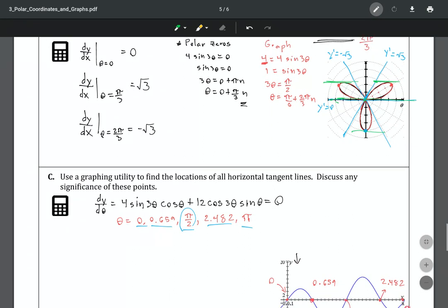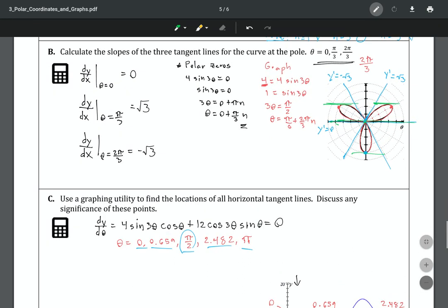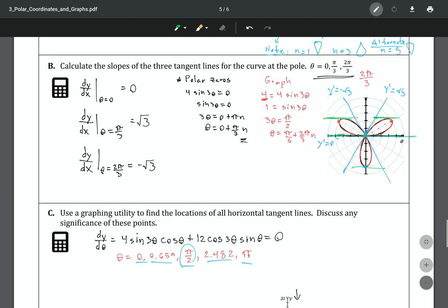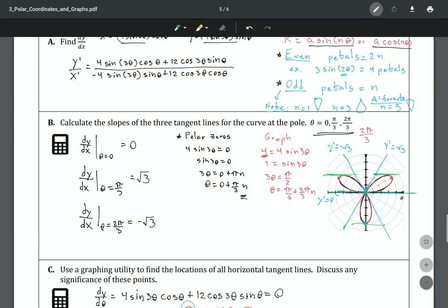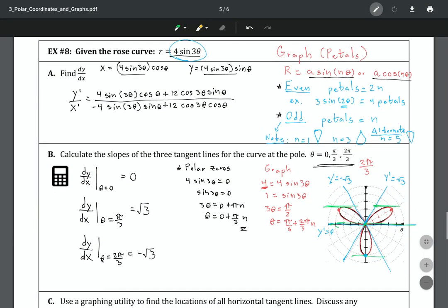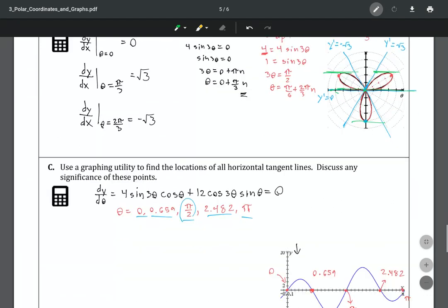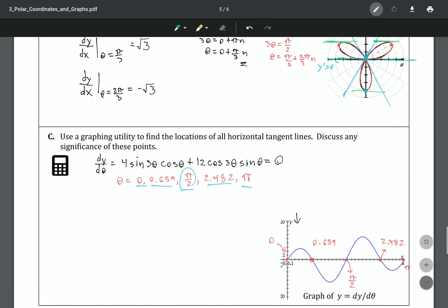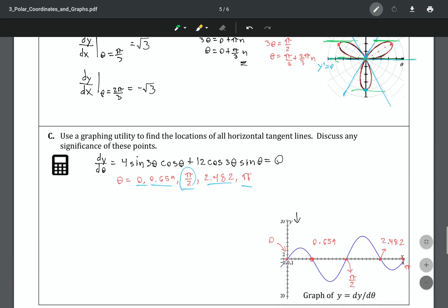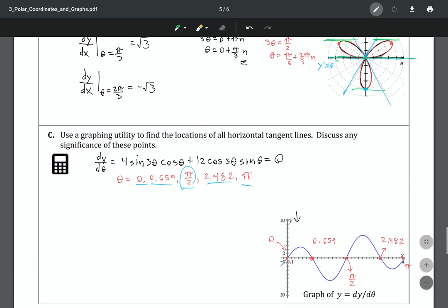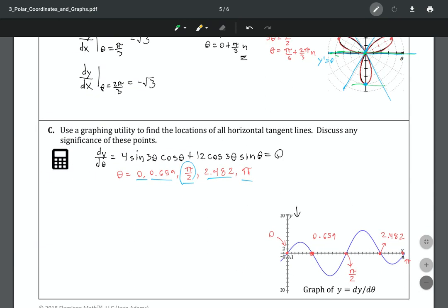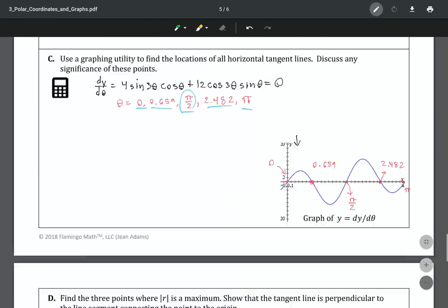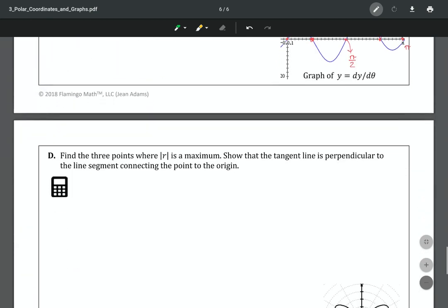I'm guessing those 0 and pi would probably give you 0 in the denominator also, so that's probably why we don't use those. But anyways, the significance is that one of them gives you the maximum here, and to just find the horizontal tangents. Not really sure what else they want me to say on that.